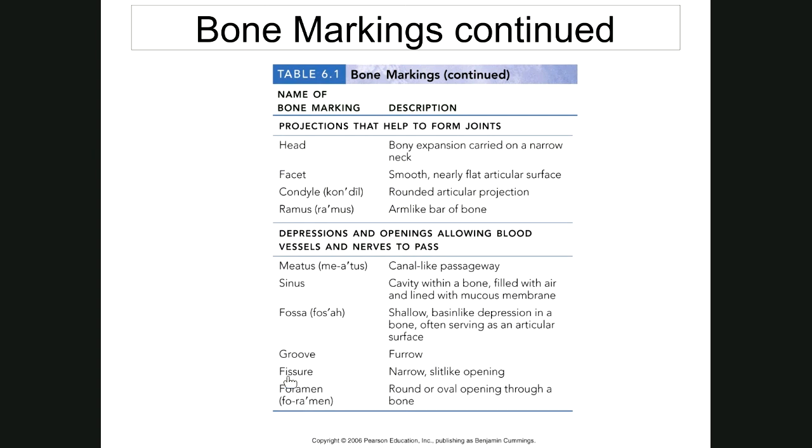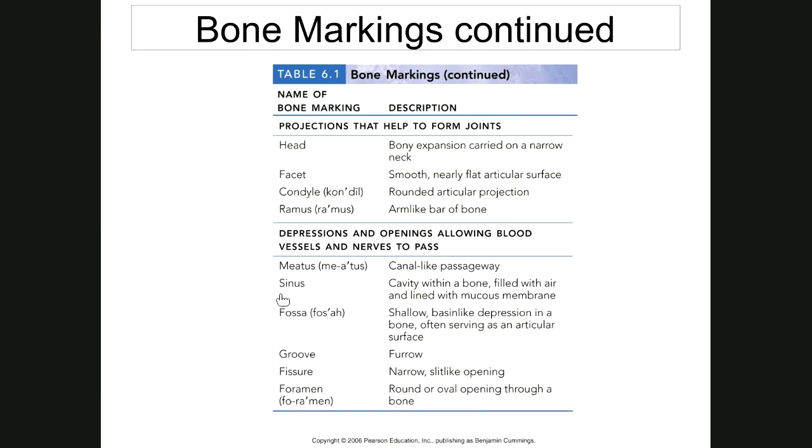A fissure is like a slit, a narrow slit-like opening, an elongated cleft, and we will see a fissure or two on the skull. The word meatus, you can substitute for canal. It's a canal-like passageway leading through the substance of a bone.